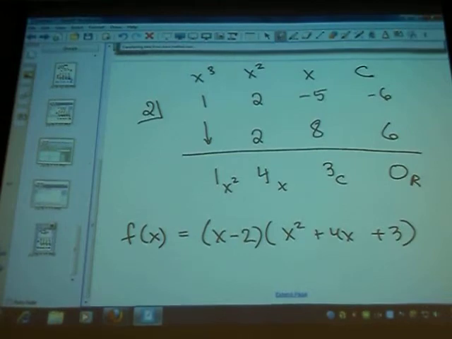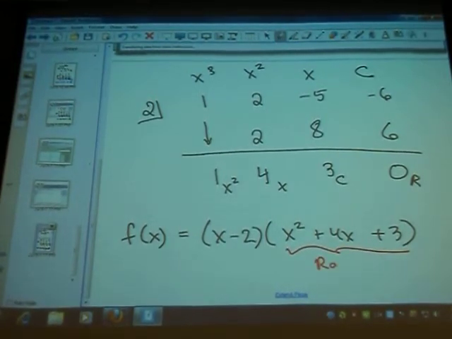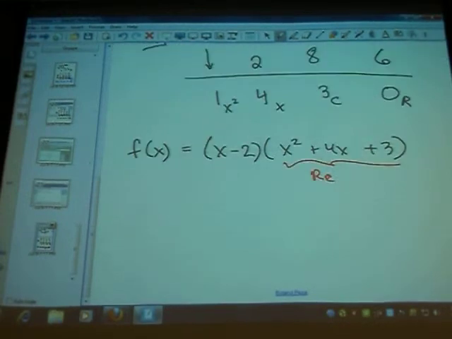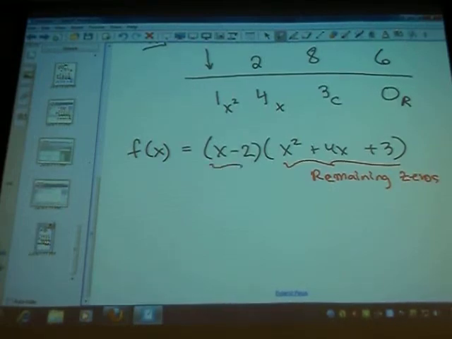Now to find my remaining zeros, your remaining zeros are going to come from your quotient. So we already know x equals 2 is our first zero. I can get my remaining zeros from that quotient.